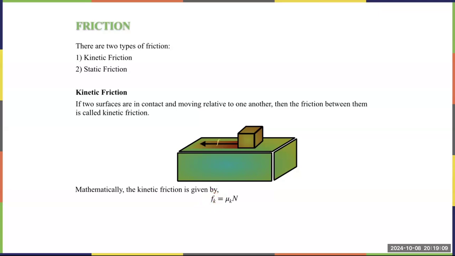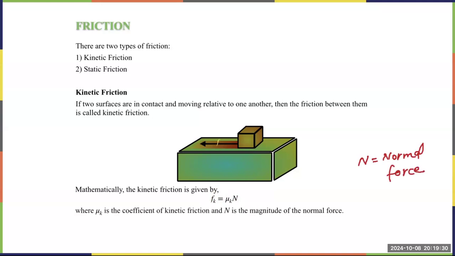Mathematically, it is represented by f of small k. And what is this f_k? f_k is equal to mu_k times N. What is N? N is the normal force. And what is mu_k? Mu_k is the coefficient of kinetic friction.